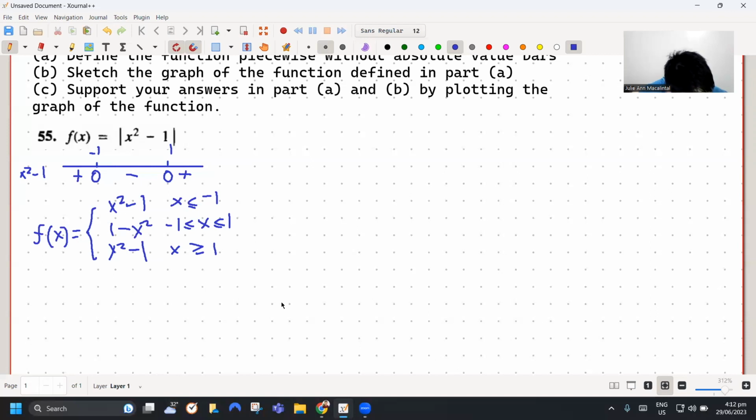Okay, ngayon, ano yung graph? So sketch the graph of the function defined in part A. So critical points are -1 and 1.